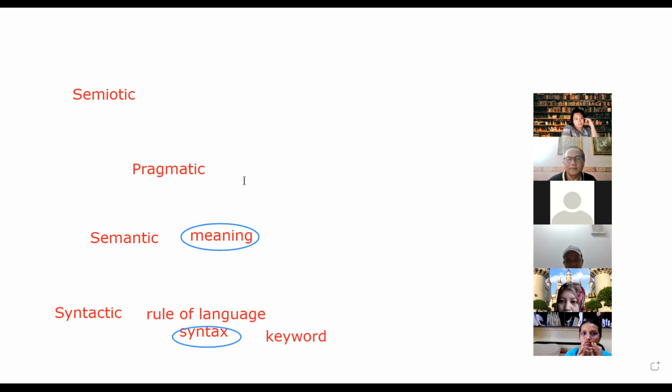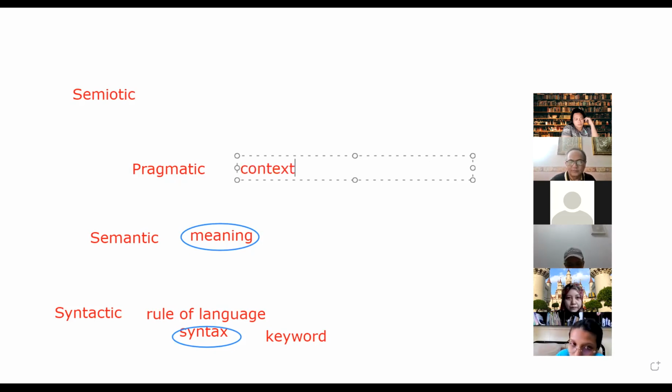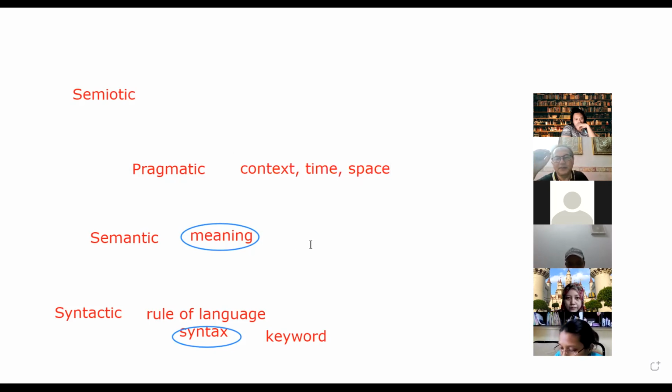Pragmatic is another concept where there is context, time, and space. Not just meaning, but the understanding requires context, time, and space.